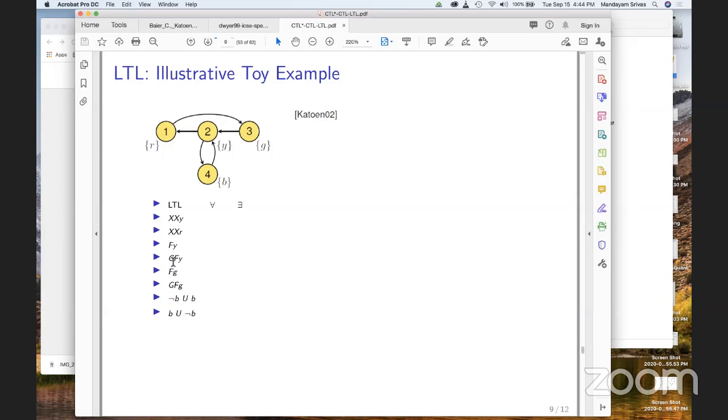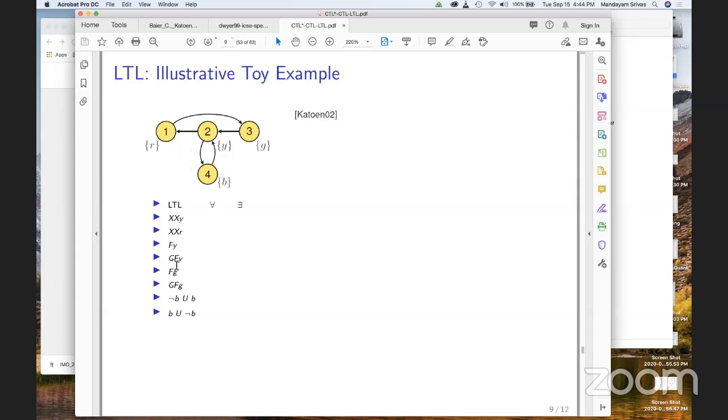The subformula F of Y should be true forever, that is, at every point on that path.